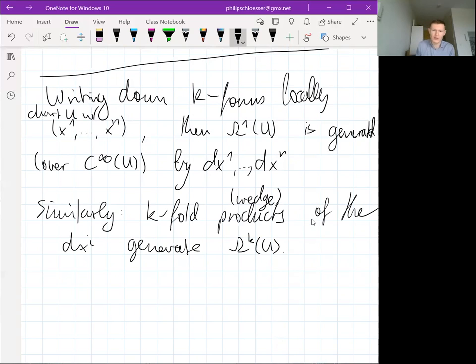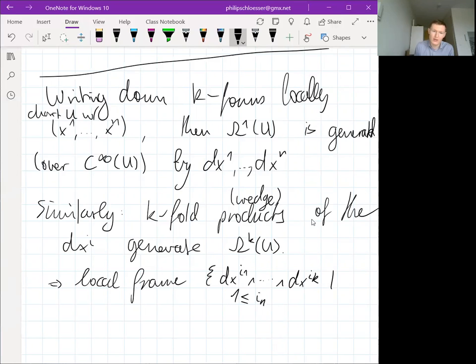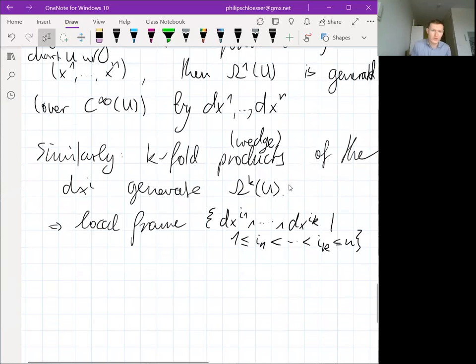And this means that we can write down a local frame for omega k, so a local basis, essentially as dx i1 wedge until dx ik, where i1 is smaller than i2, and so on until ik. Yeah, and this shows a local frame of omega k.